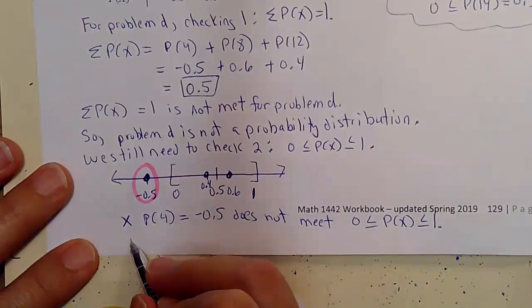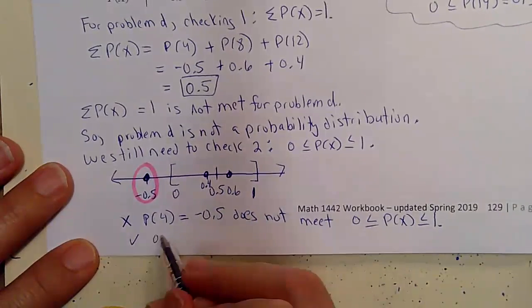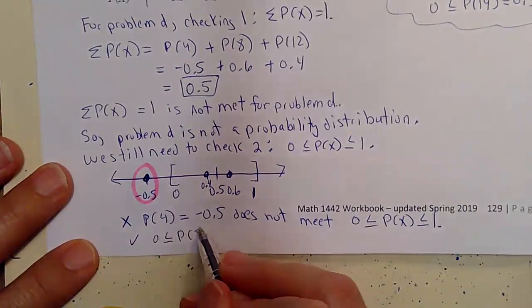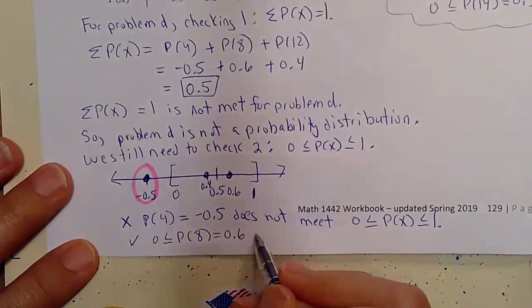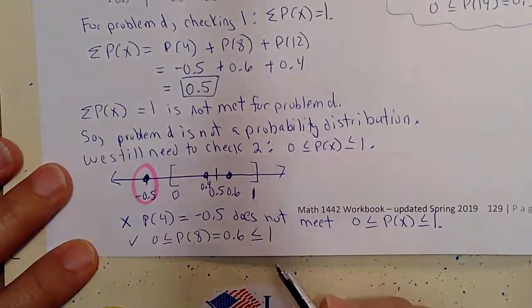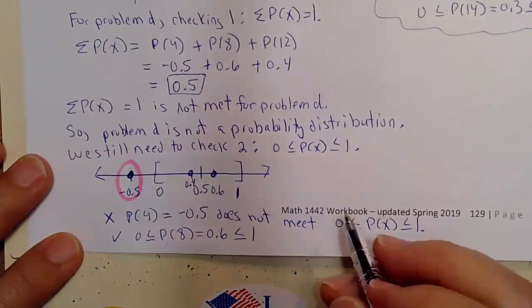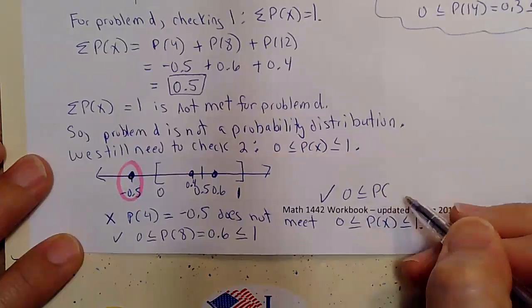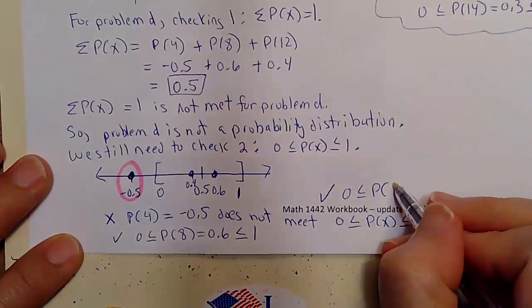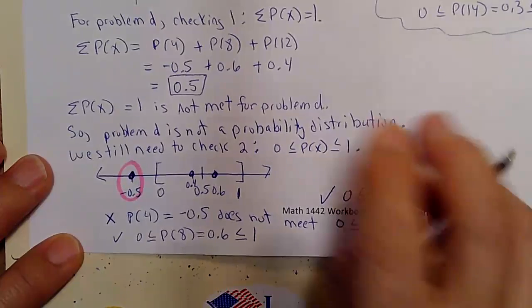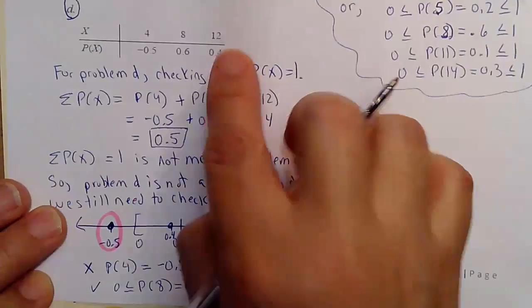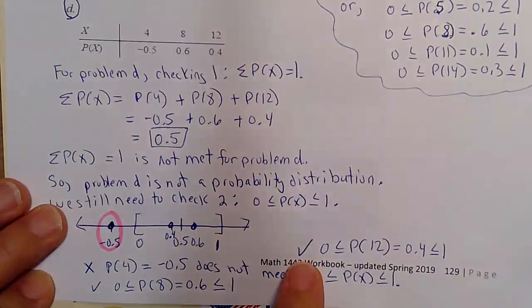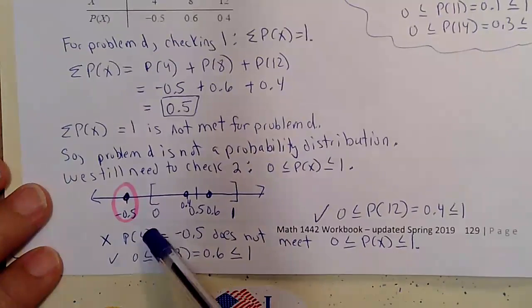But these are okay. P of 8 is equal to 0.6. So that's good. And then you have a check mark on the other one. The other one is P of what is that? 12? P of 12, right? It's 0.4. Yeah, put a check mark. That one meets that. But this one doesn't.